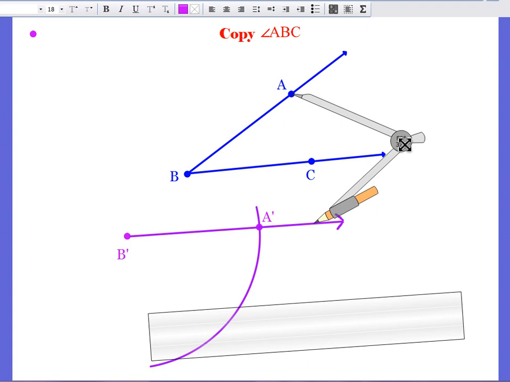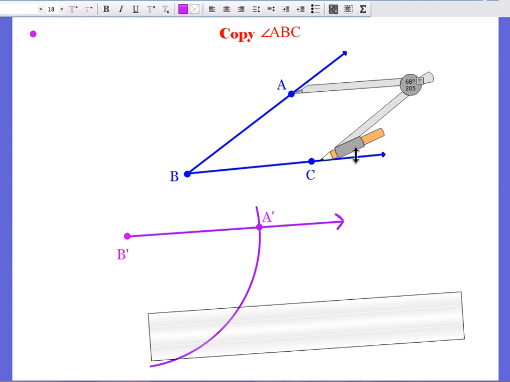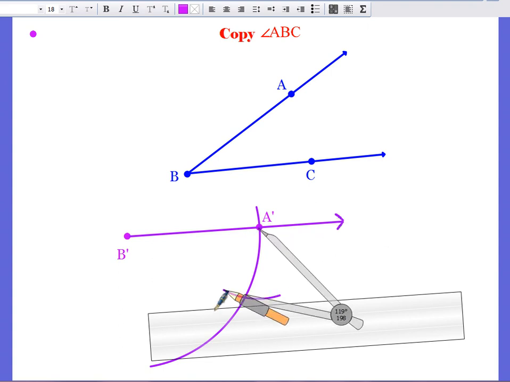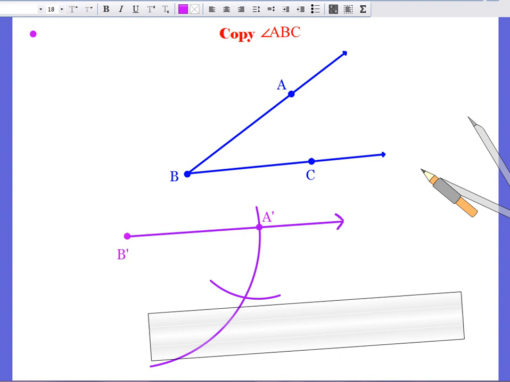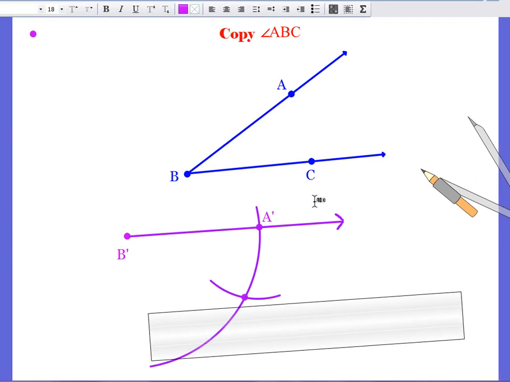This time we're going to put the point of the compass on point A and the pencil of the compass on point C. Moving our compass so that the point is now on A prime instead of A, we're going to draw another small arc. The point where those two arcs meet is going to be the replica of point C, so we're going to call it C prime.